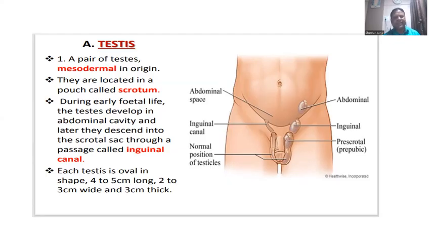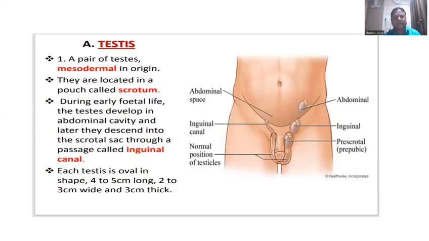Sometimes, very rarely, testes do not descend down properly into the scrotal sac. Failure of testes to descend into the scrotal sac is called cryptorchidism. Now see here, first, the pair of testes is of mesodermal origin.